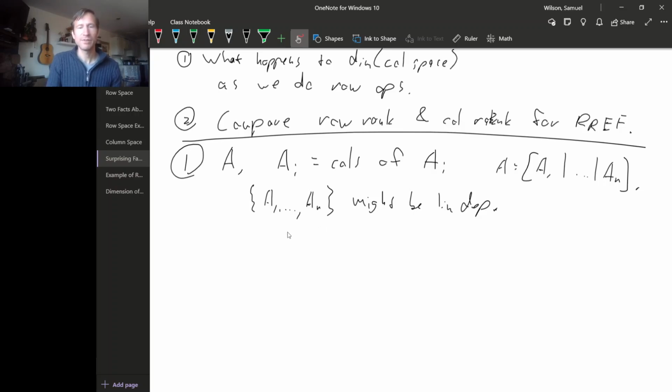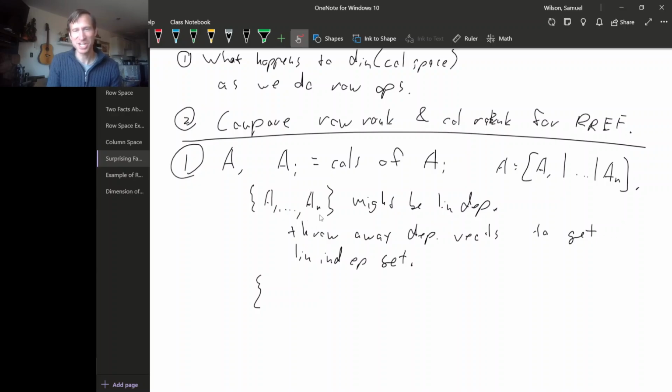So let's take this collection of columns, throw away dependent vectors one by one to get a linearly independent set. And just for the sake of keeping my notation not crazy, I'm going to assume that all of the linearly dependent ones were at the end. If they weren't at the end, then renumber them.